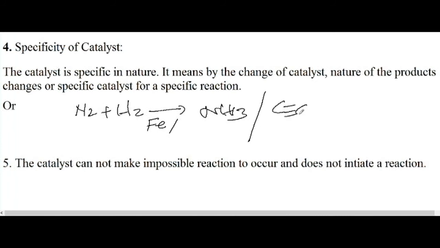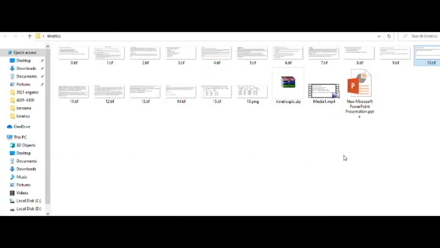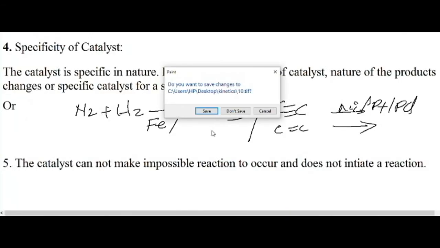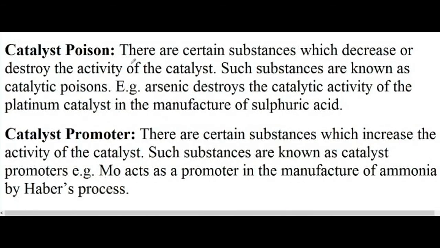For the alkene process, converting a C triple bond or C double bond, the catalysts we can use are nickel, platinum or palladium. We call this the specificity of the catalyst. And the next point: a catalyst cannot make an impossible reaction occur and does not initiate a reaction. It can't start a reaction; it only provides a helpful path for the reaction to proceed.